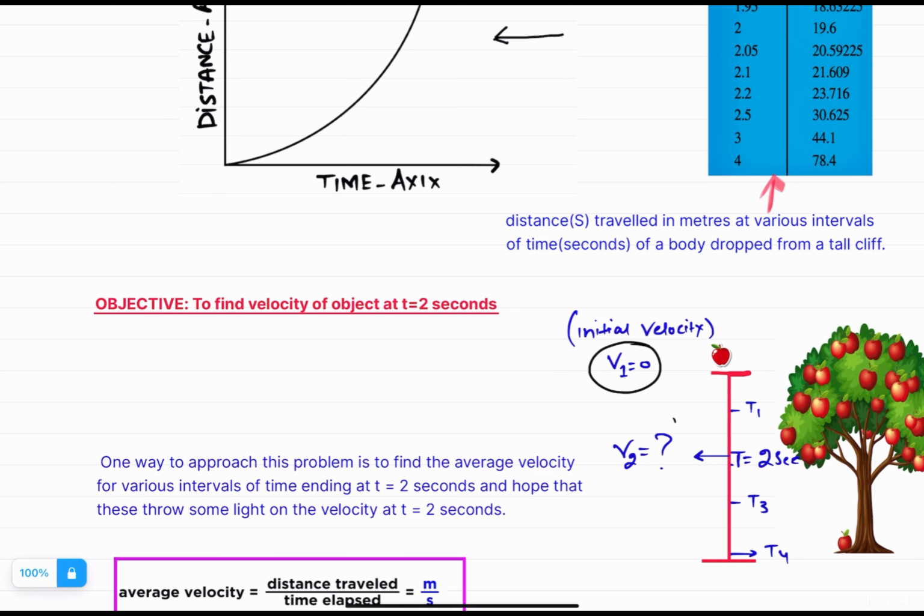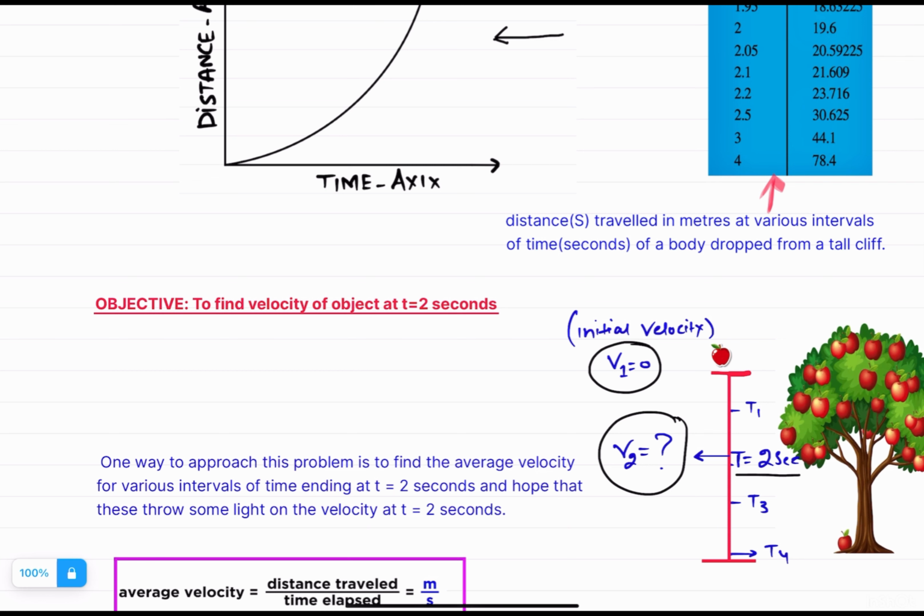For this, one way to approach the problem is to find the average velocity for various intervals of time ending at 2 seconds and hope that this throws some light on the velocity at 2 seconds. We are going to find the average velocity near t equal to 2, and it can give us some idea about the velocity at that particular instant.